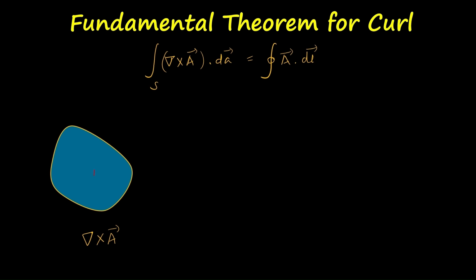Now, if I consider a small area element dA vector, whose direction is perpendicular to the plane, then if I take a dot product here, this is trying to measure the circulation of A in this area element dA. If I integrate this throughout the surface, it is trying to measure the circulation of this vector A in the surface S.